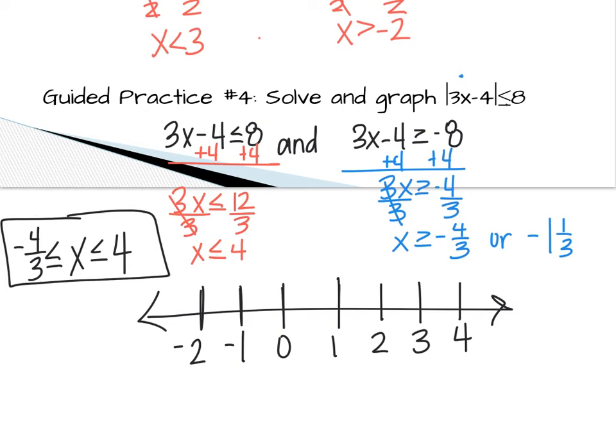That's my inequality. Negative 4/3 is negative 1 1/3. We're going to go left to a negative 1 and then about a third more, and it's a closed circle because it's included. 4 is also going to get a closed circle because it's included, and it's an and, so we shade in between.